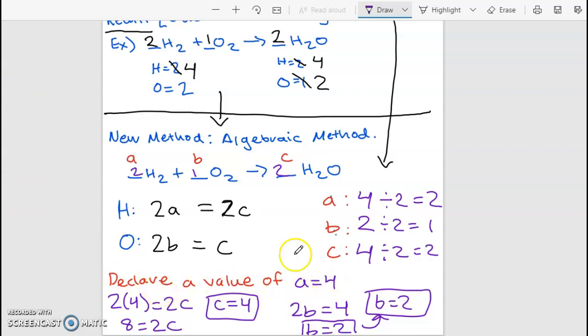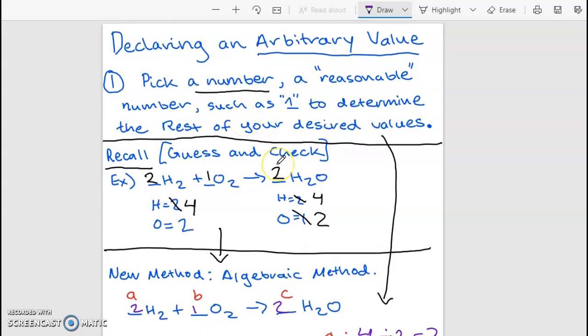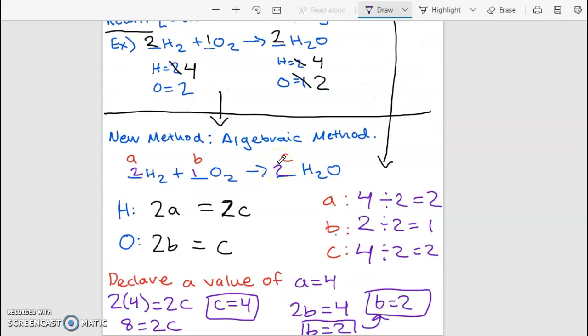We're declaring a value. And so that would be the hardest part. I hope this helped with the idea of declaring an arbitrary value. If not, let me know in the comments if it was helpful or not. But I suppose this is a good way of seeing that the value can be anything, okay?